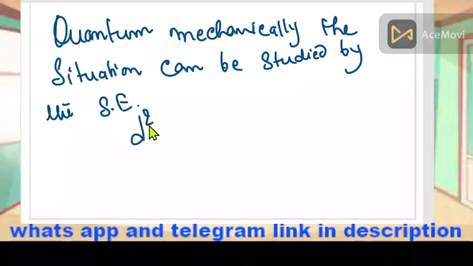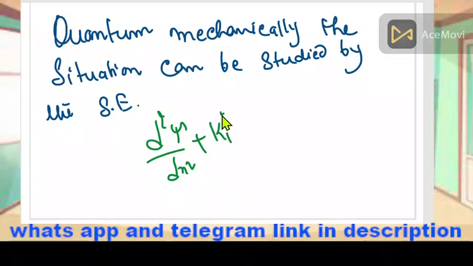So after solving the Schrodinger equation, I think at this stage you can write the Schrodinger equation for this situation. I am not writing the complete equation. I am writing it in this form: d2 psi upon dx square plus k1 square psi is equal to 0, where k1 is root under 2mE by h bar.